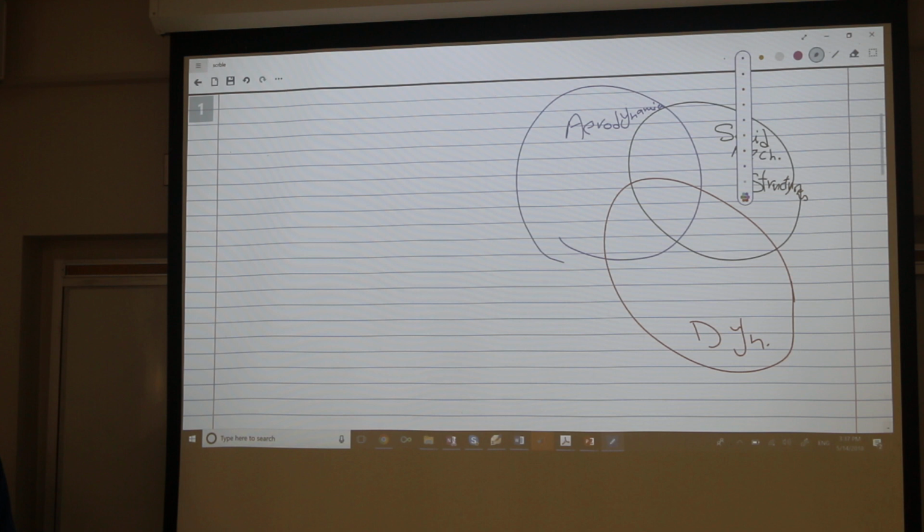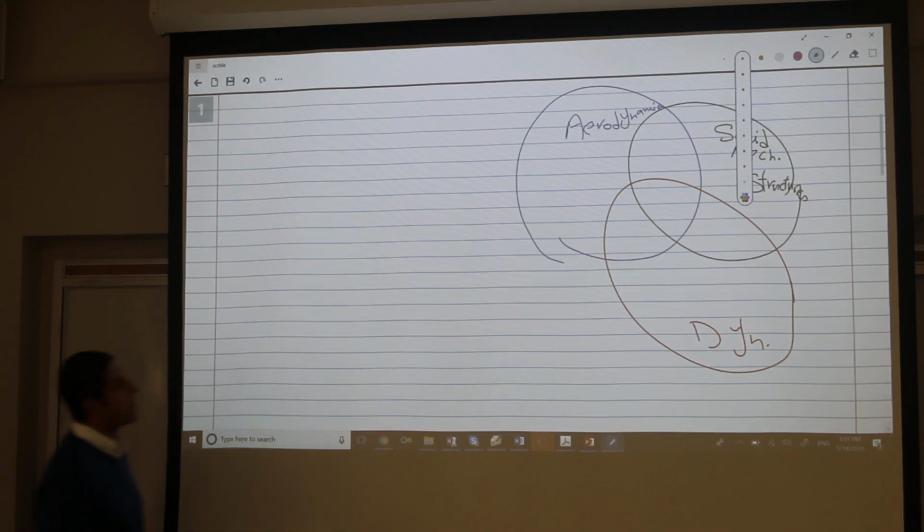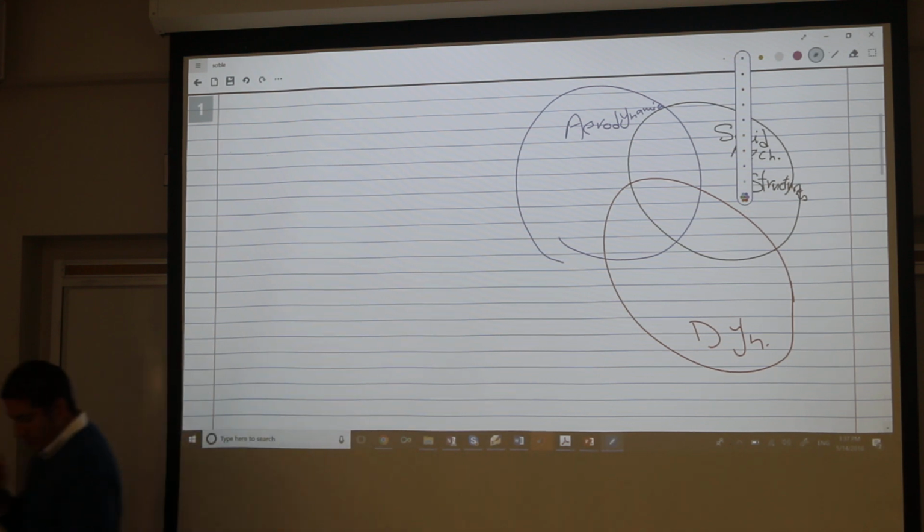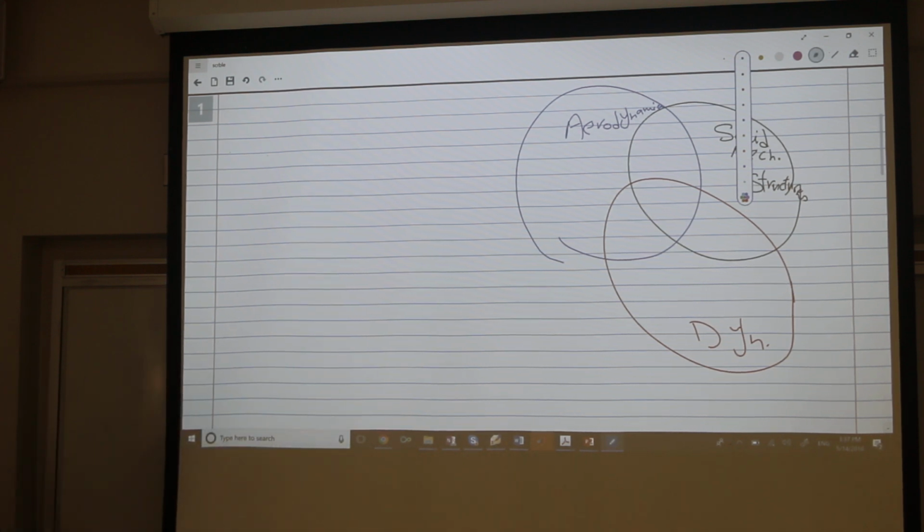And you tell me, if we have aerodynamics and dynamics, this is blue and red, maybe something like that. Aerodynamics and dynamics is what? So it's what?